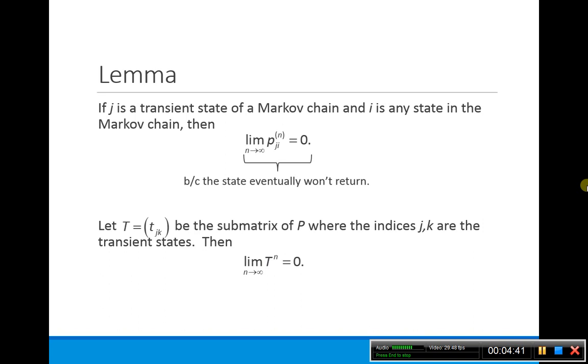We're going to let T be the submatrix of our probability transition matrix where J and K are transient states. So, based upon this, the limit of our T to the n matrix goes to 0 as n goes to infinity.